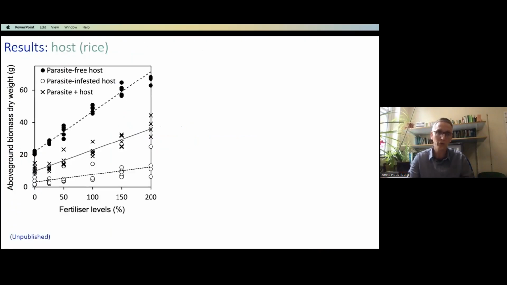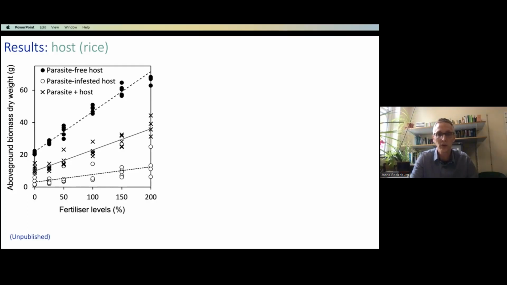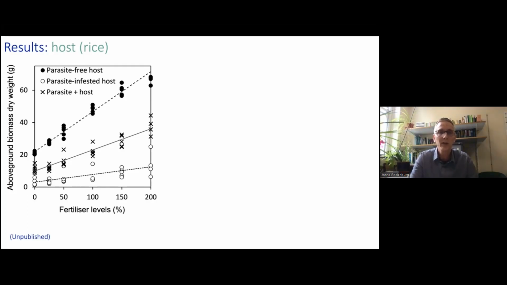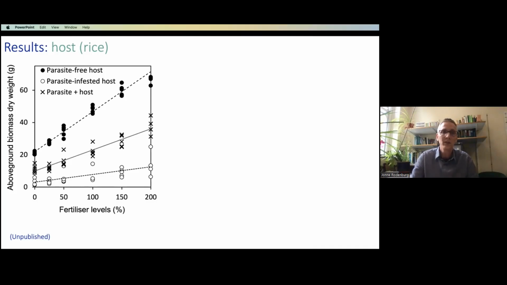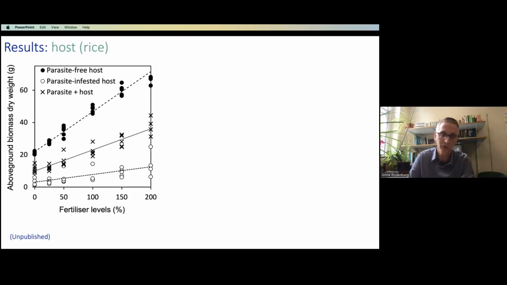But what we have found so far is that here on the y-axis you see the above ground biomass of rice plants, and on the x-axis you see the different levels of fertilizer, as a percentage of the recommended rate. You see that the parasite-free host, the black dots, are very responsive to the fertilizer levels, of course, what you expect.